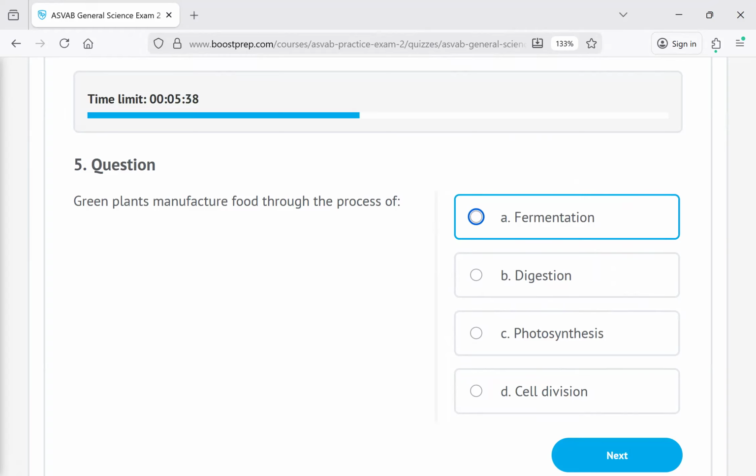Yeah, it's going to be C, photosynthesis.